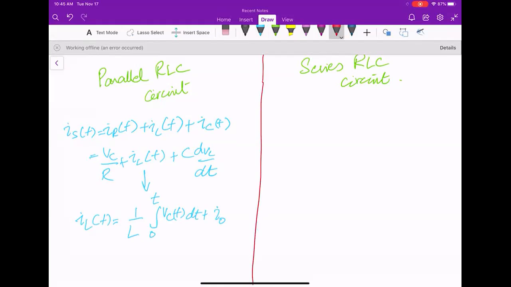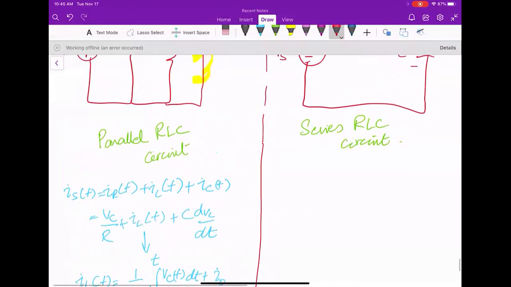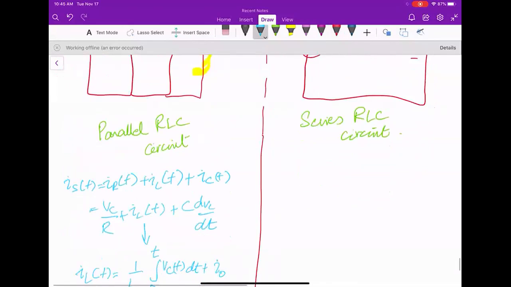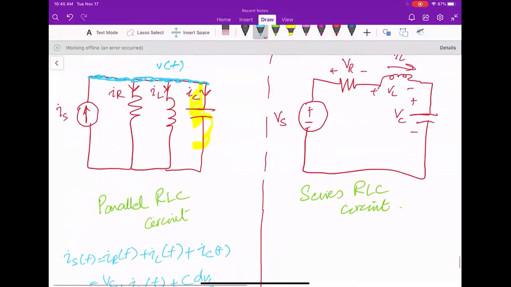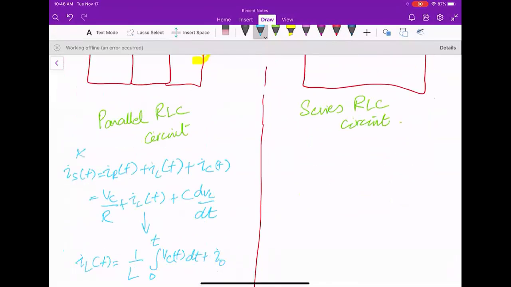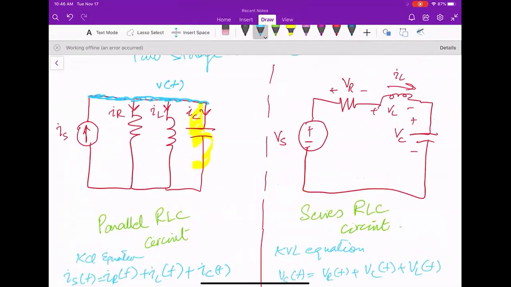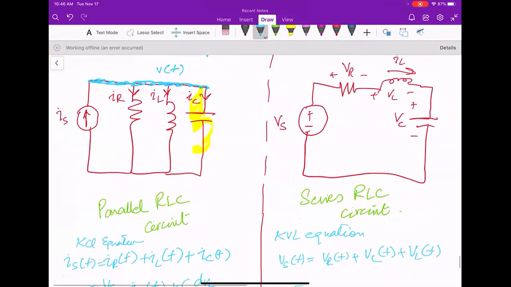Can you hear me? Yes. Okay. So this is the KCL equation, and this would be the KVL equation. Then I will write it as VS of t is equal to VR of t plus VC of t plus VL of t. So like here we have defined VC of t, here we will define IL of t. The same current is flowing in all the elements.